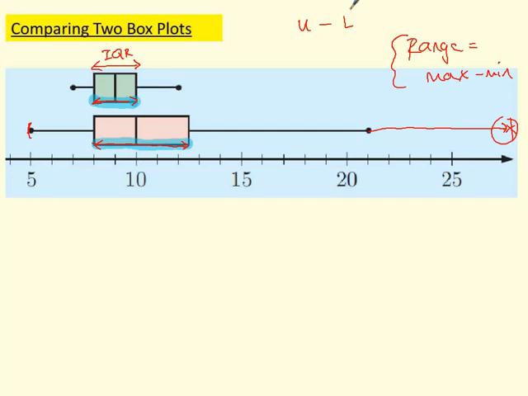But the interquartile range doesn't get affected by really big results, or on the flip side, really low results. So if someone got a really small result, like way over there, it affects the range, but the interquartile range is not affected by it because the box would stay where it is.